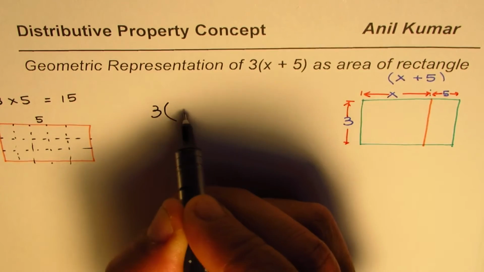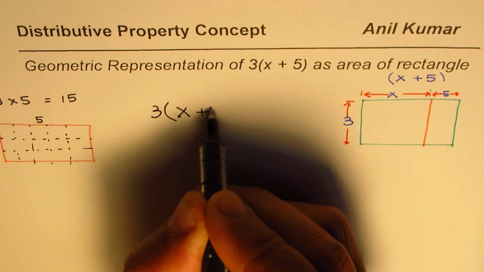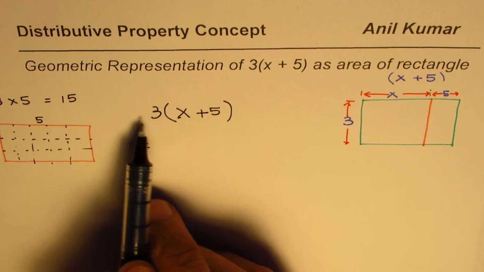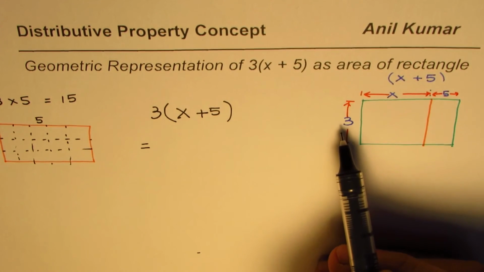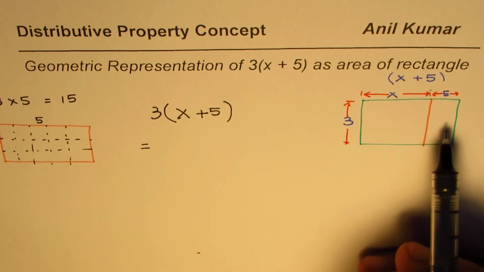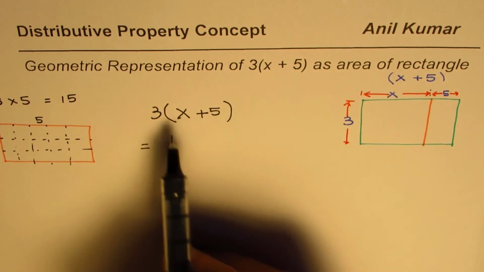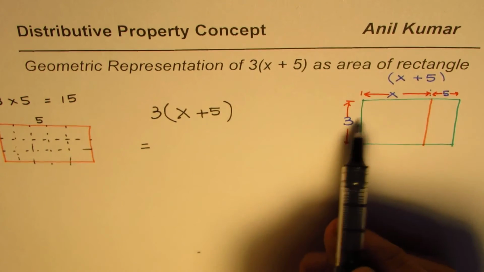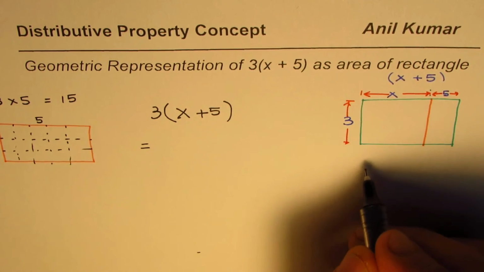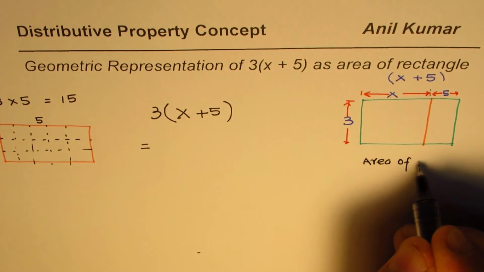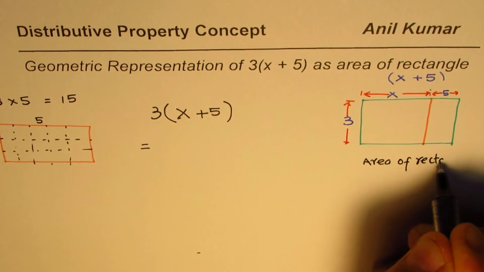Now we want to write what 3 times x plus 5 is equal to, right? This is a product. If I do length times width, I should get the area, and that area can represent this product. So 3 times x plus 5 is the area of this rectangle.